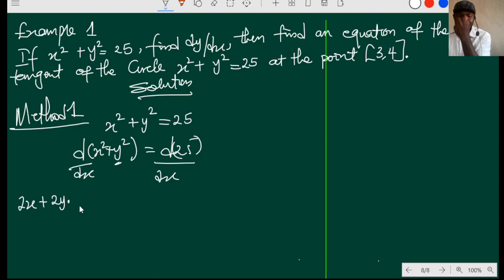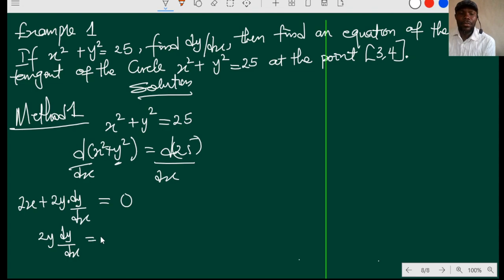You differentiate y, which gives dy/dx, and the right side is equal to 0. So 2y dy/dx is equal to minus 2x.